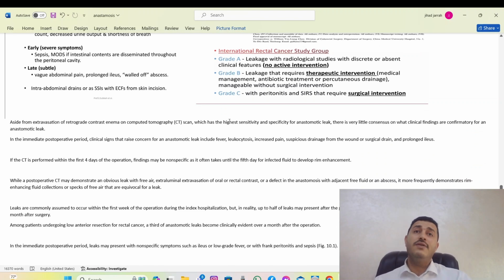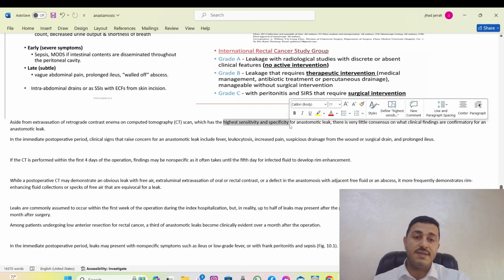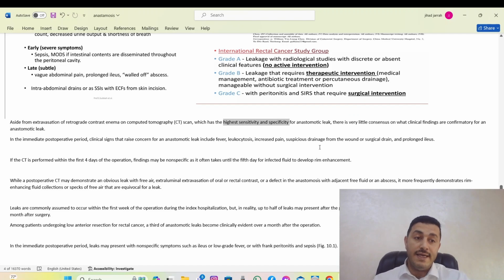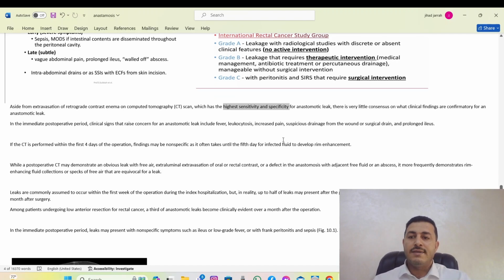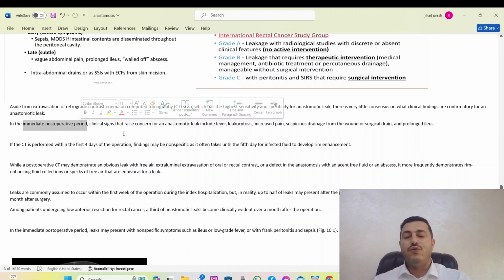We know well that CT scan with retrograde enema has the highest sensitivity and specificity for leak. In the immediate post-operative period, CT will not actually help, because up to 5 days there is no specific radiological finding beyond operative changes.